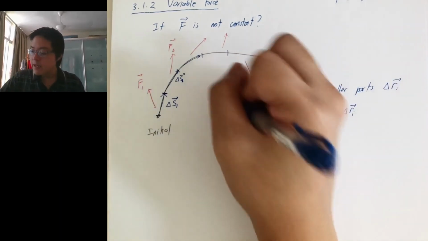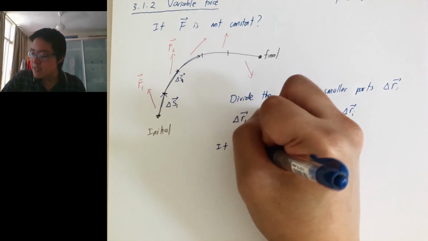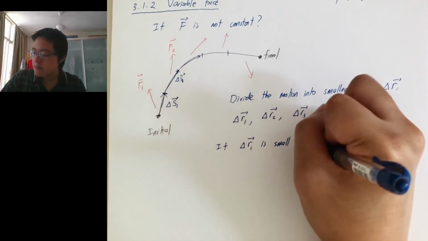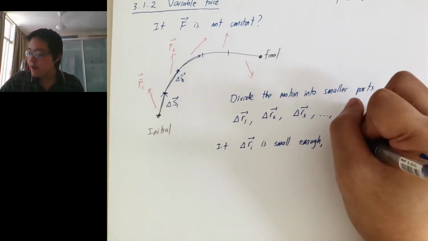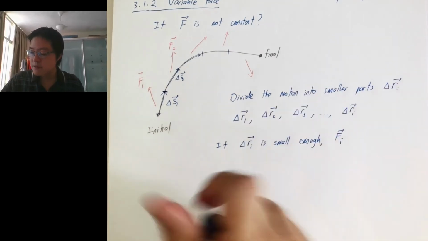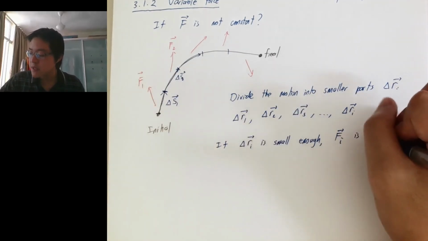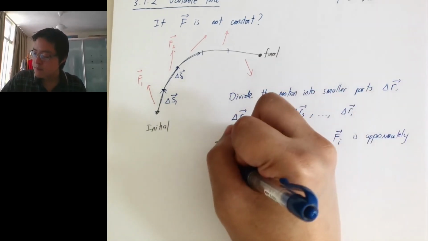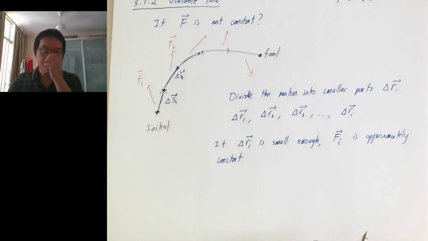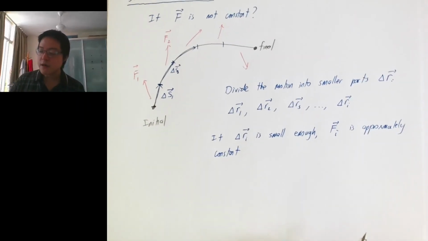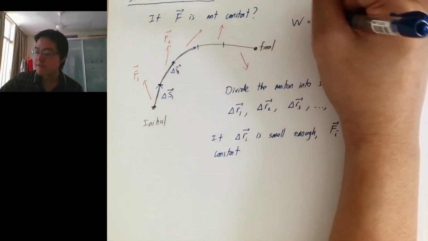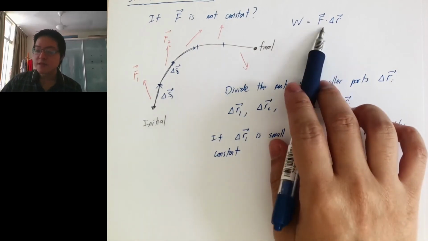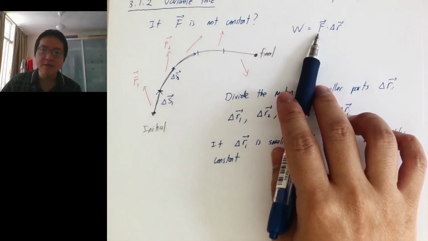Okay, and if my parts are divided small enough, then F during that part is approximately constant. You get what I'm saying? Then I can use F dot delta r. Originally we assumed F is constant, so we could calculate this.